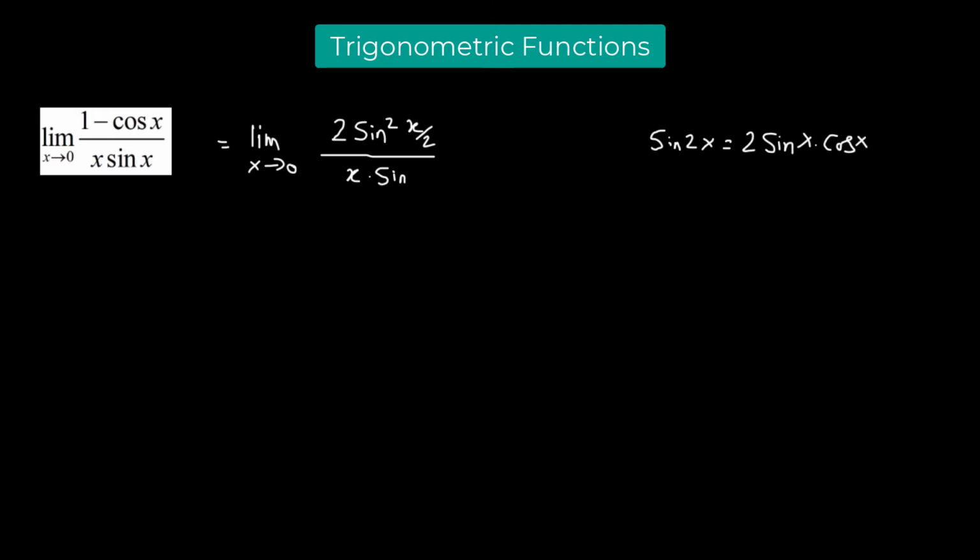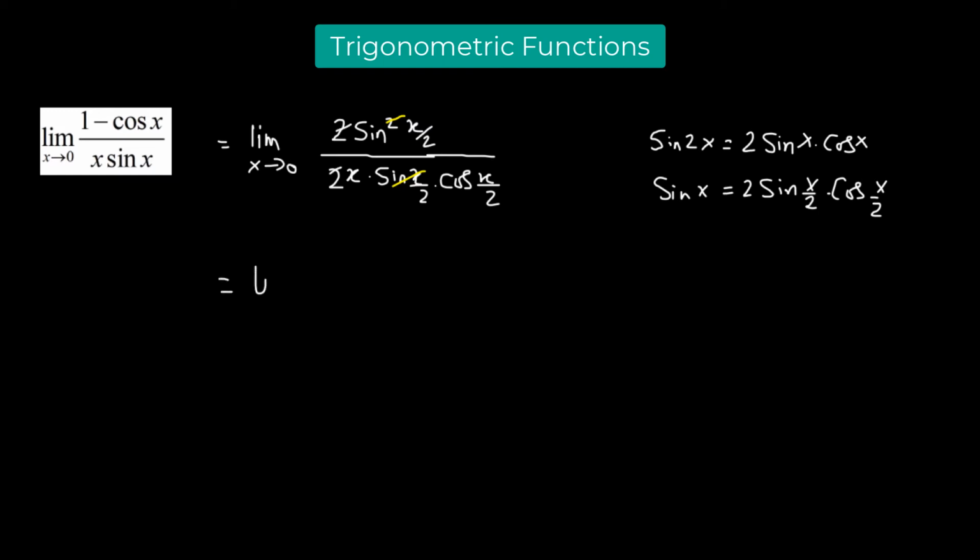So if we consider the half angle, then sine of x will be equal to 2 times sine x over 2 times cosine x over 2. So we have 2 times sine x over 2 times cosine x over 2. Now we can cancel out one sine x over 2 from the numerator and sine x over 2 from the denominator. And 2 and 2 also get cancelled.